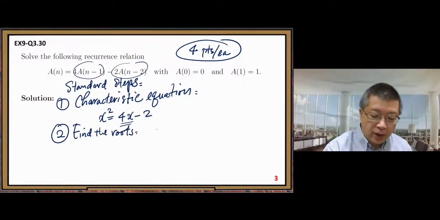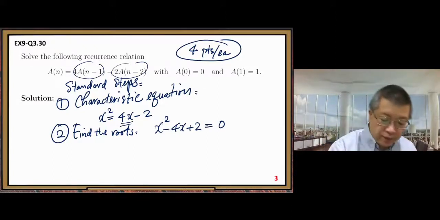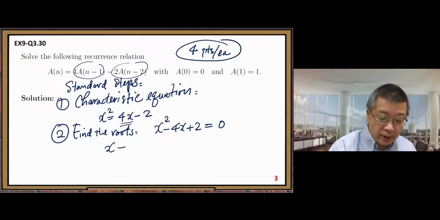So let's write the quadratic equation in the standard form first. Then we write the two roots. Because we should have two roots, right?